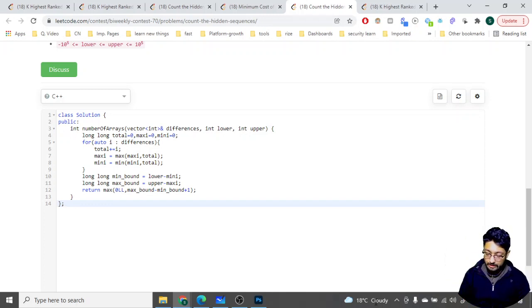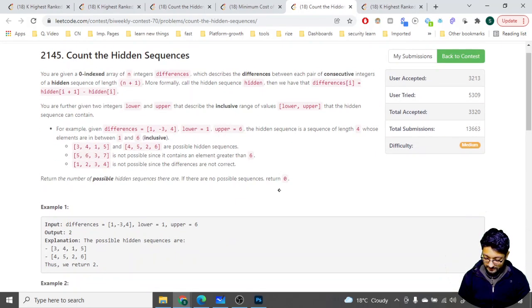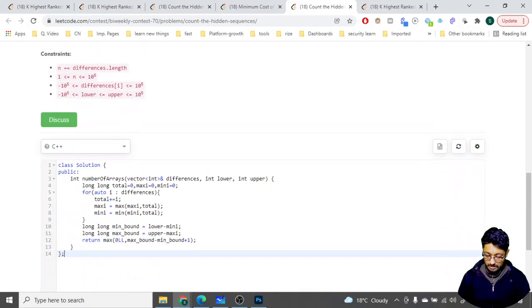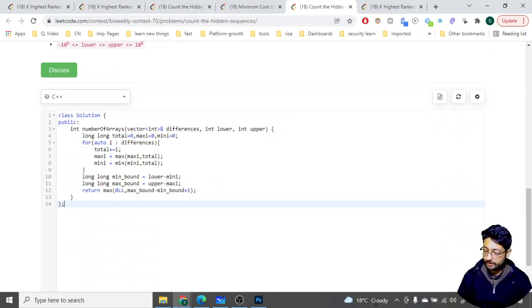Then we just find the maximum value minus minimum value plus 1. This is the range, and it should not be less than 0, it should be either 0 or greater. So I maximize it with 0, because it can happen that it is not valid, and the answer can be 0. So that's the overall logic for this problem. The code will be in the description, so don't worry.